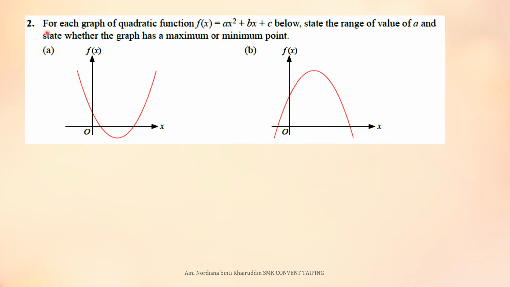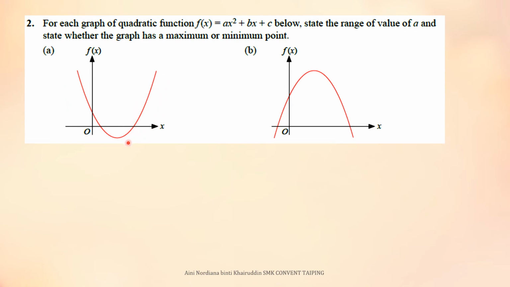Number 2, for each graph of quadratic function f(x) equals ax squared plus bx plus c below, state the range of the value of a and state whether the graph has a maximum or minimum point. For the value of a, we just refer to the shape of the graph.